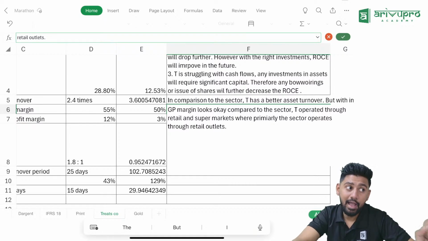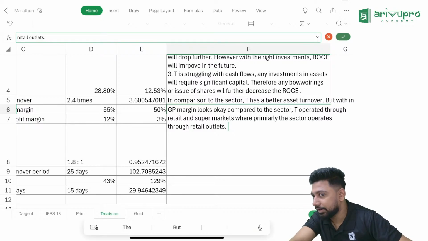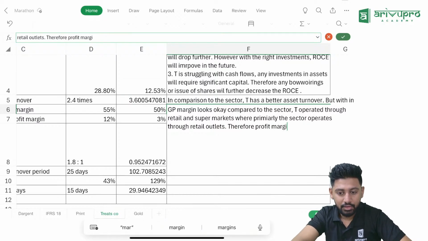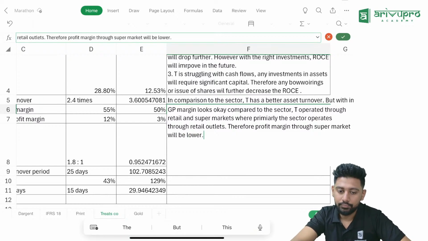Therefore, my profit margin through my supermarket comparatively will be lower.